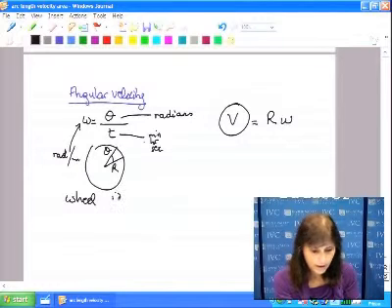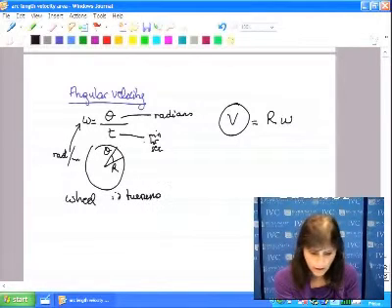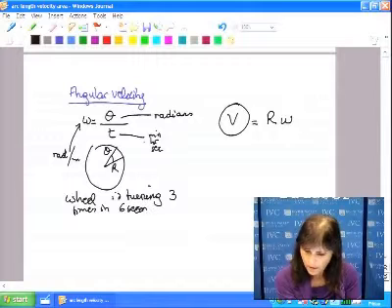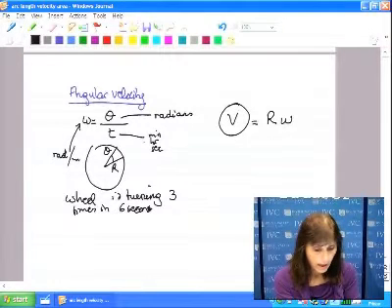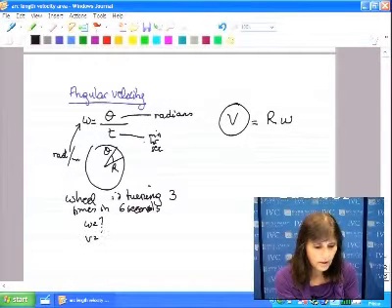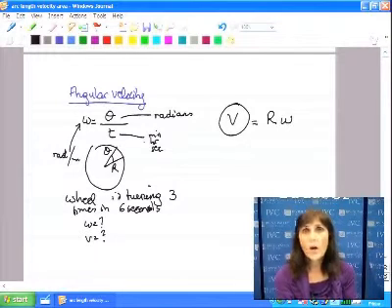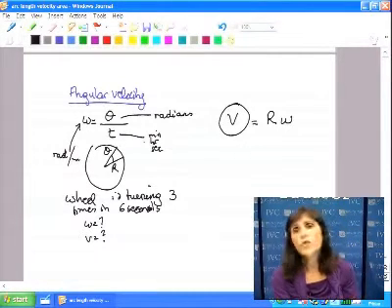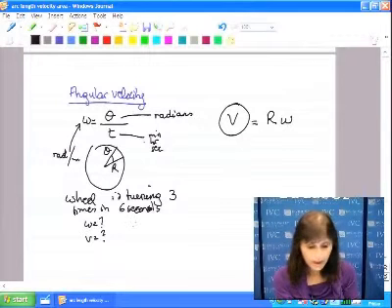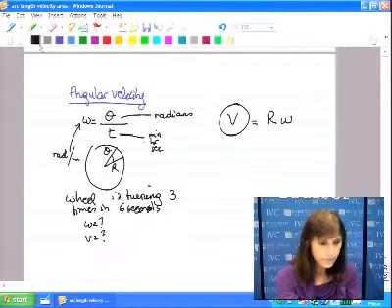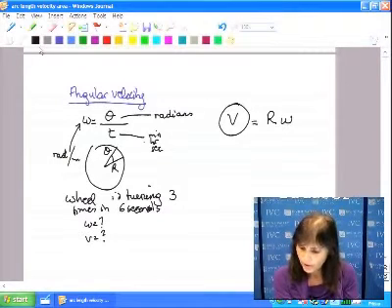So let's say a wheel is turning 3 times in 6 seconds. And they're asking, what is the angular velocity? What's the linear velocity? Okay, what does that mean? 3 times. One time it goes around, that's 2 pi radians. So it's going to go around 3 times.